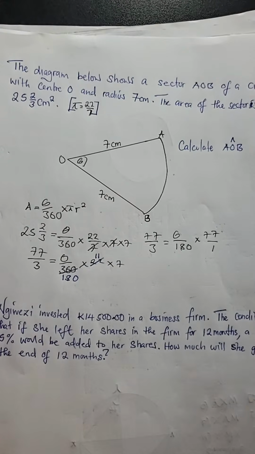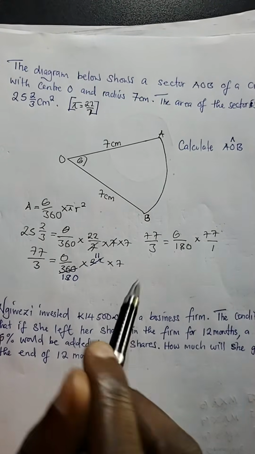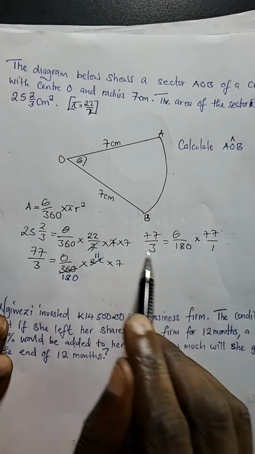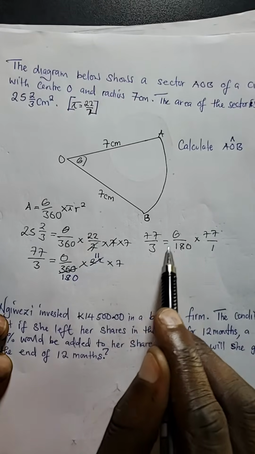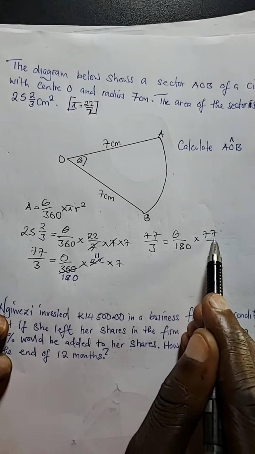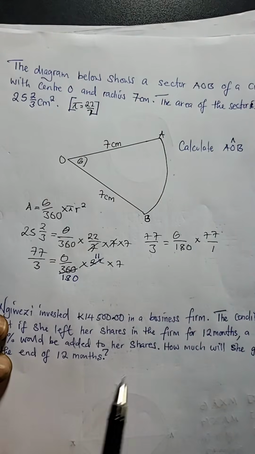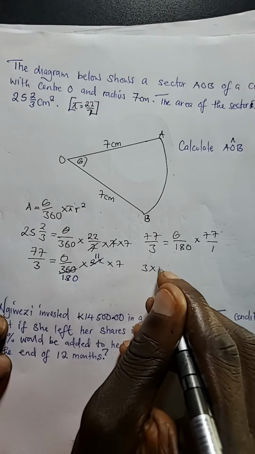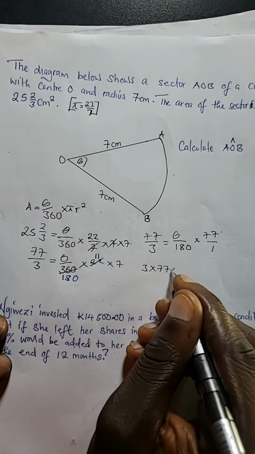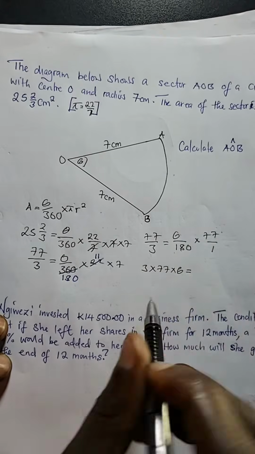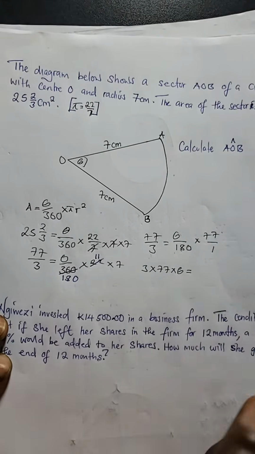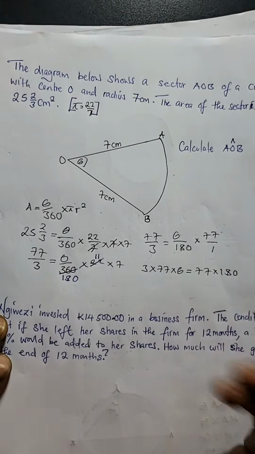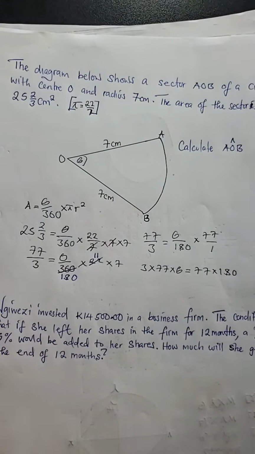Since there's an equal sign, we can cross multiply: 3 times theta times 77. So 77 times the angle we are calculating equals 77 times 180 times 1, which we just leave the way it is.